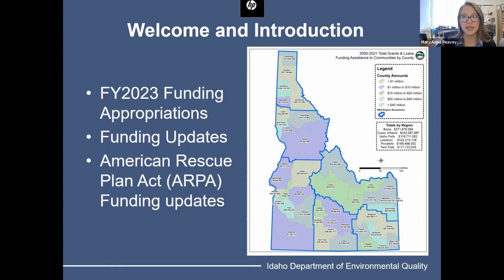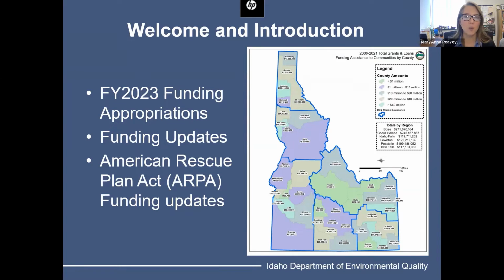Now, we do have to anticipate or plan for the fact that we may be receiving some ARPA funding to apply to drinking water and wastewater projects. So what we're doing with our letter of interest, and we'll touch more on that, is that there is a box on our letter of interest. If you want to be considered for any of these ARPA dollars, mark yes or no, if the money comes through DEQ.